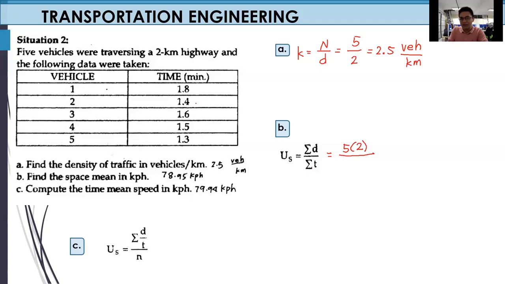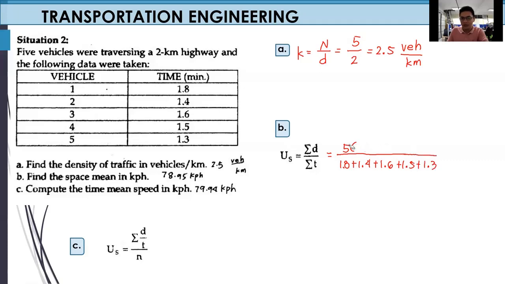So yung time natin is different yung times nila. So ang gagawin lang po natin, class, is to add that all. Diba? So 1.8 plus 1.4 plus 1.6 plus 1.5 and another one, 1.3.